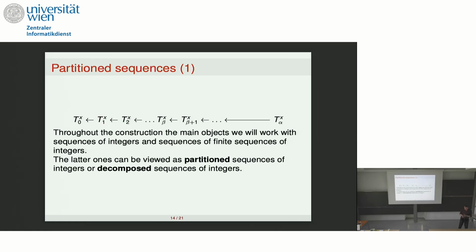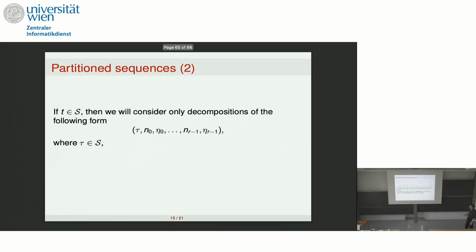So besides these trees and some auxiliary mappings, for any branch which appears in the construction somewhere, we will also construct the corresponding decomposition. So let me describe the decomposition of sequences which we consider.